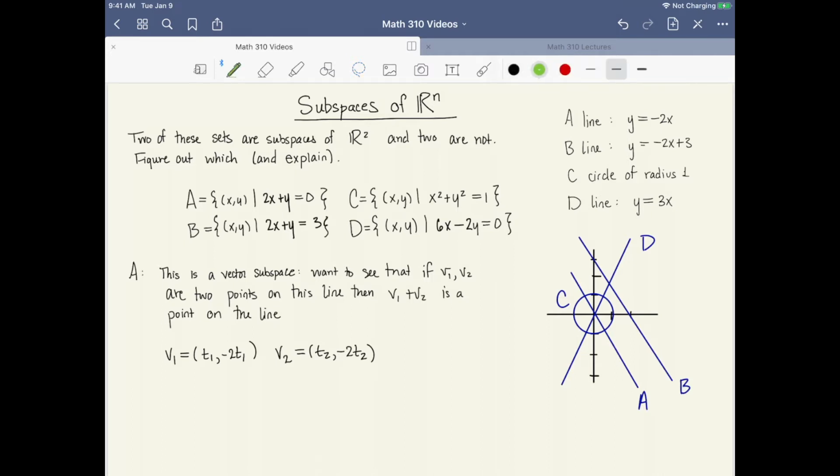For A, my equation of the line was that y was equal to minus 2x. This equation relates the variables x and y. y is dependent on x, but x is a free variable. So x can take on any value it wants, 0, 1, 100, 37, and that determines what y is. So if I take x to be t1, then y is going to be minus 2t1, and that's what I see here.